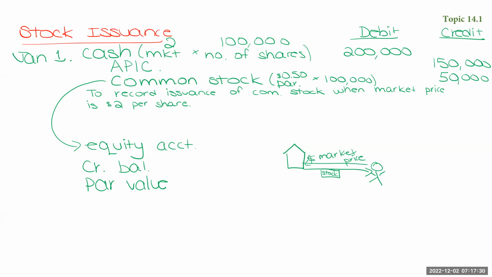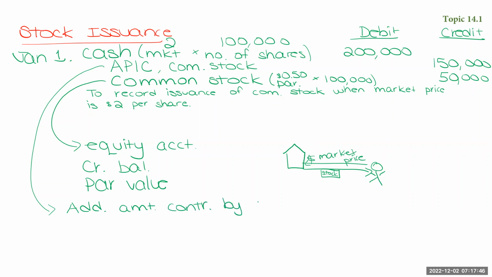Additional paid in capital for your common stock simply means, as it states, the additional amount contributed by investors over the stock's par value. So that is the definition of that account.